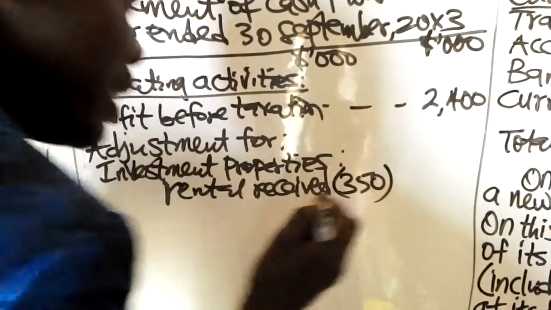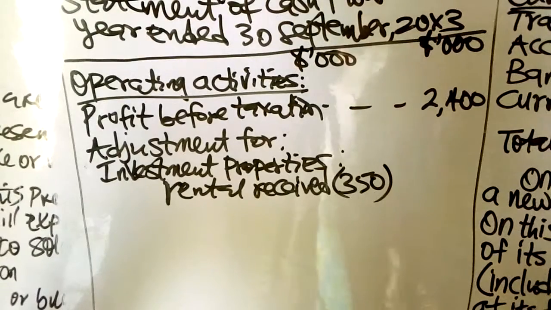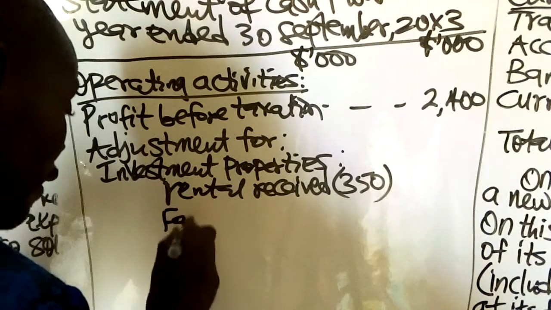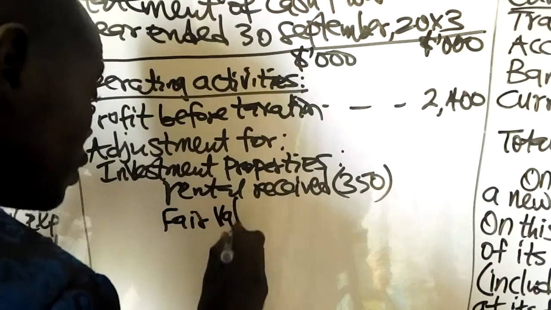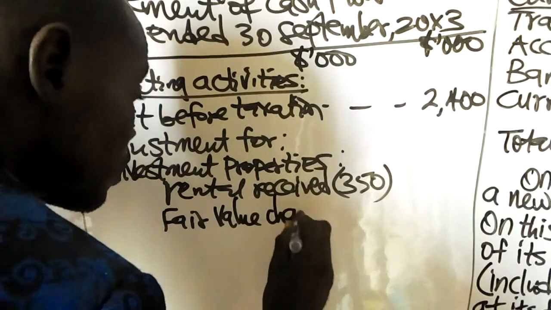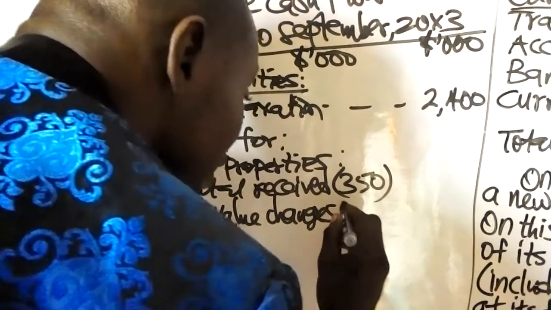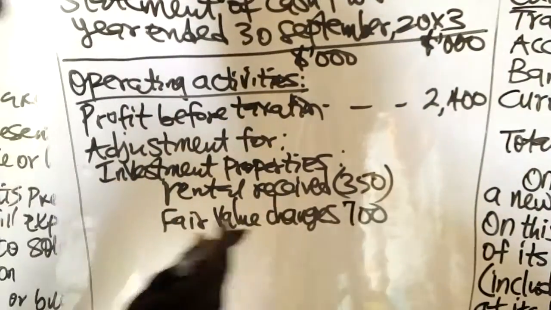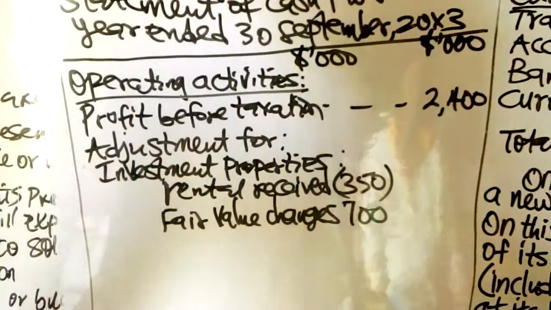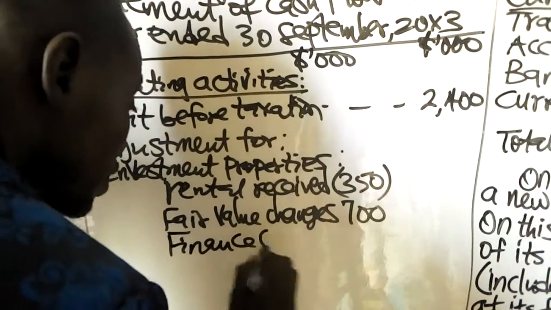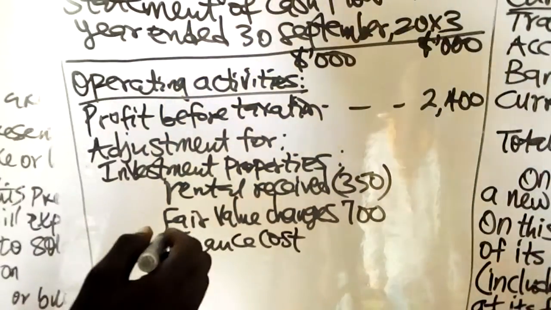You subtract that. Then we have fair value changes of 700. I've told you that because it is a fair value deficit, you are going to add it. Then we also have finance cost, which is 600.